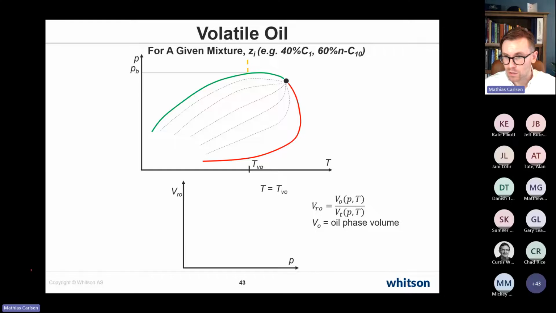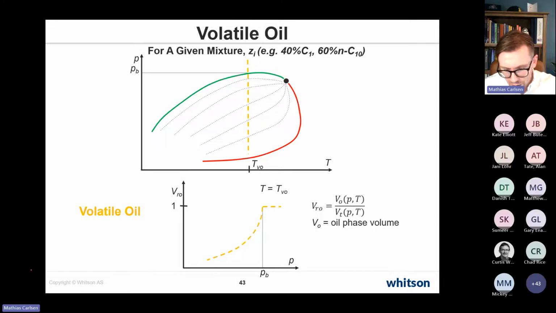But in a similar sense, it's only liquid above the bubble point. It still exhibits a bubble point, and the liquid relative volume above the bubble point is 1. As you go below the saturation pressure, the liquid relative volume does not have a linear shape now, but more of a curvature to it.